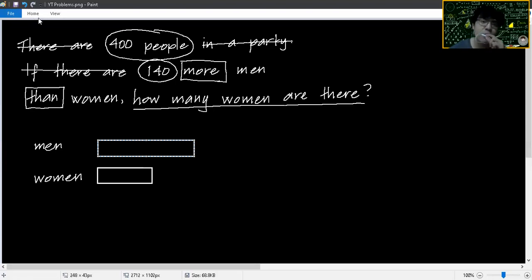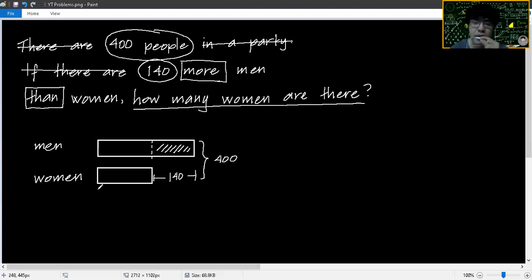According to our given, there are 140 more men than women. That is the gap between them. The number 140 is the gap between them. Now, there are a total of 400 people in this problem. But don't forget that there is also a question: how many women are there?